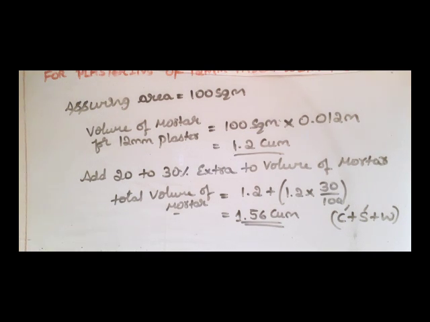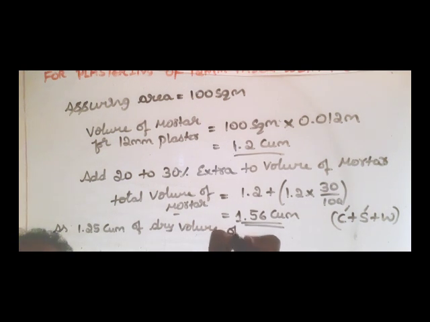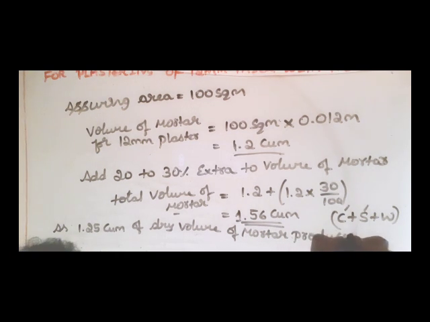In order to get that, there is one condition: 1.25 cubic meter of dry volume of mortar produces 1 cubic meter of wet mortar.